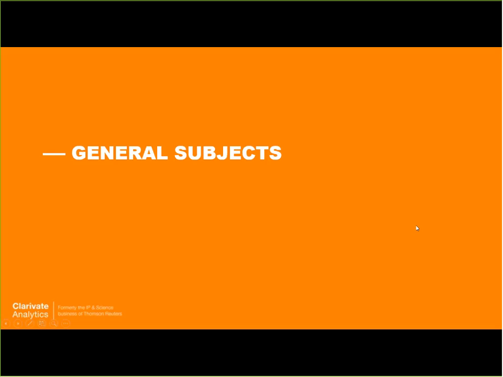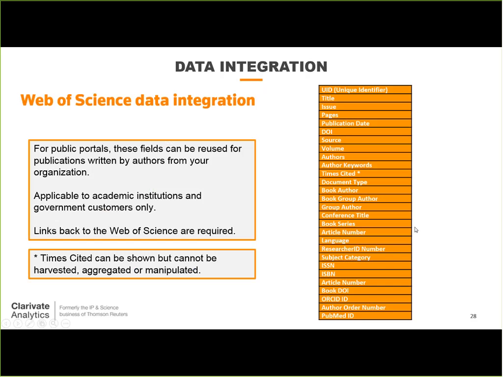So before we go to some live examples, let me just give you some general information about our web services. Regarding our Web of Science data integration, when you're displaying this information in your public portals, these are the fields that can be reused for your publications.